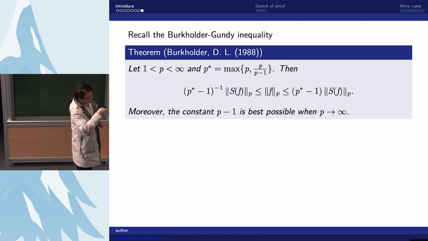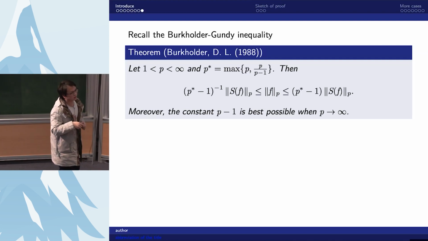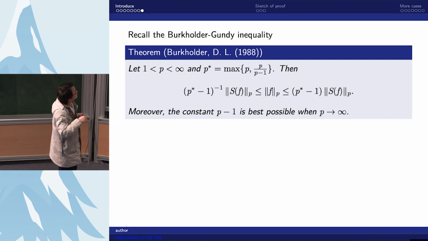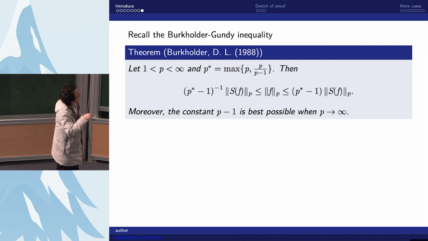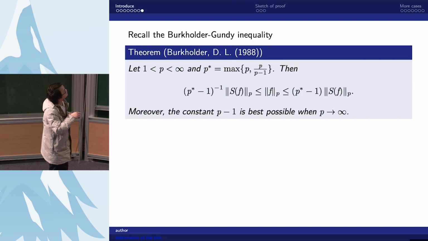Here I remark that we just use the fact that when P goes to infinity, the constant P minus 1 is best possible, meaning the right hand side P minus 1 is best possible. And when P goes to 1, the left-hand side is best possible.